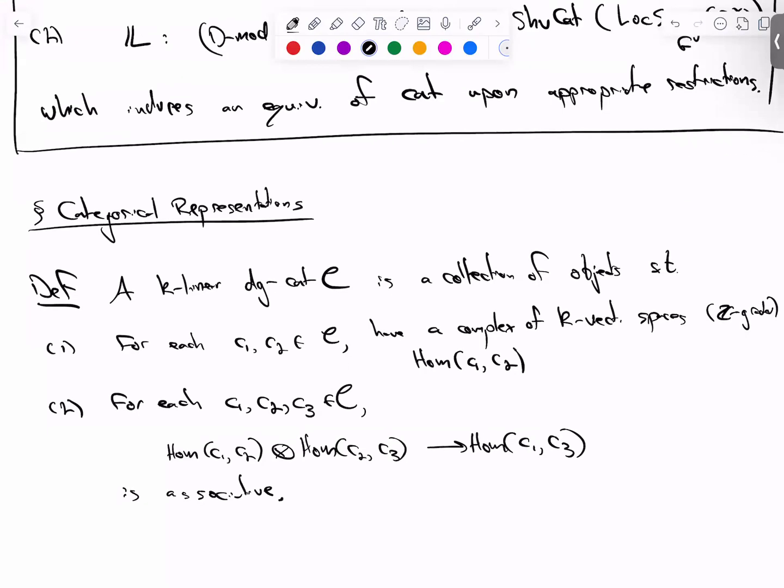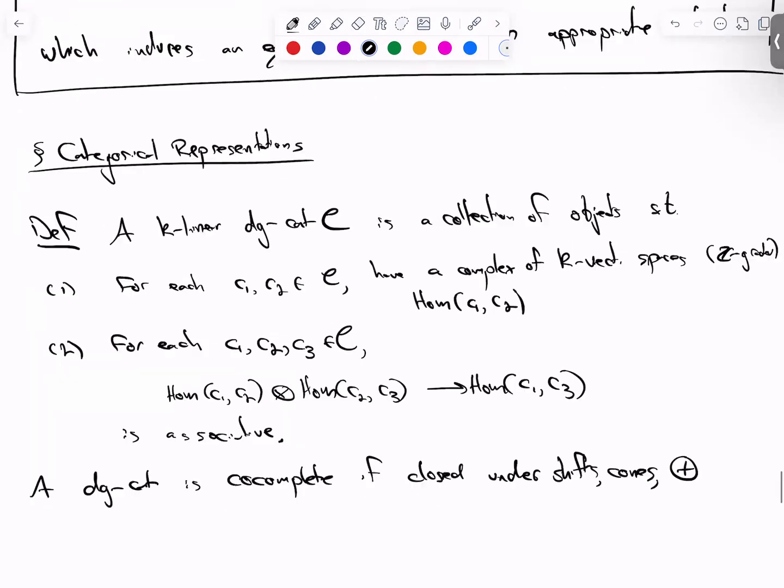And a DG category is co-complete if it's closed under shifts, cones, and direct sums.